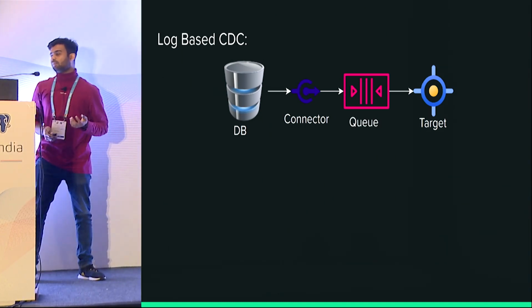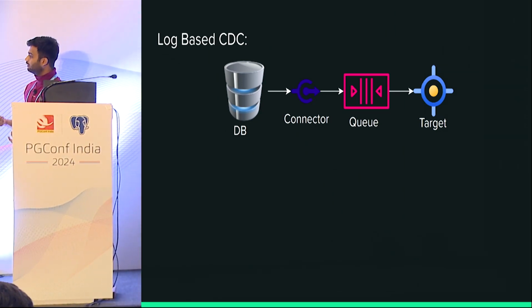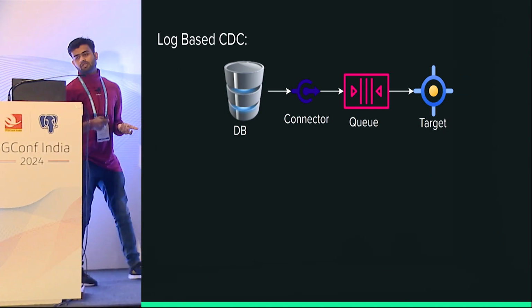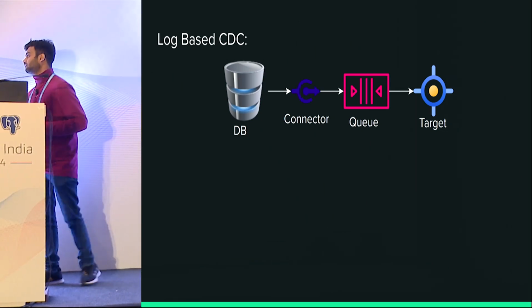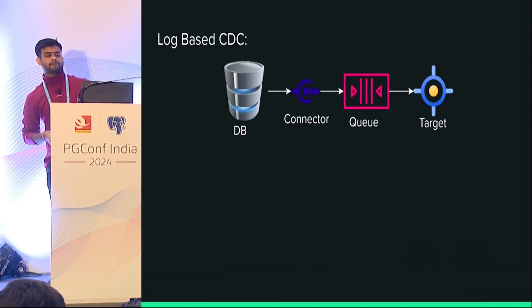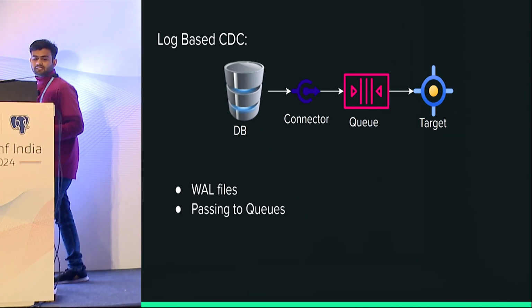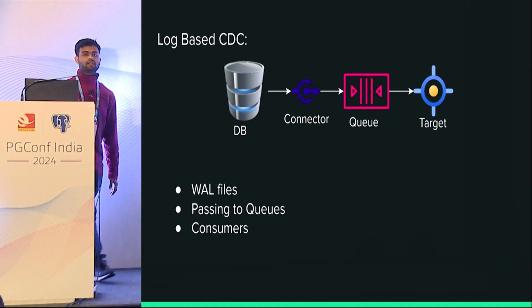So this is one way, and mostly people use this because it has minimal overhead, because we are reading from the log files, and the data is very consistent because all the insert, delete, and update operations are captured. Now, WAL files, then passing this to queues, and then I'll attach my consumers to the queue. These consumers will be getting the data and distributing it.